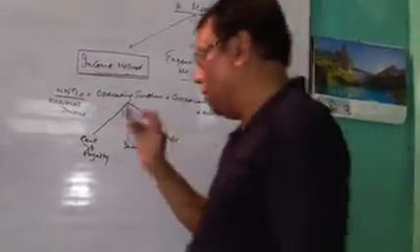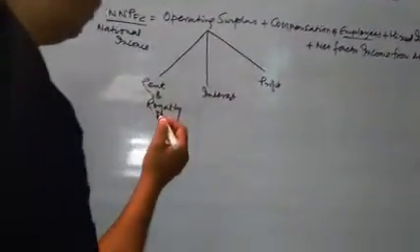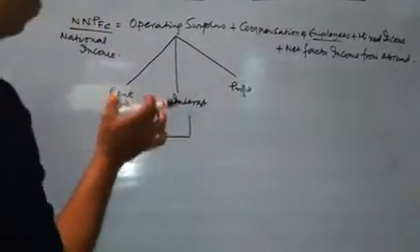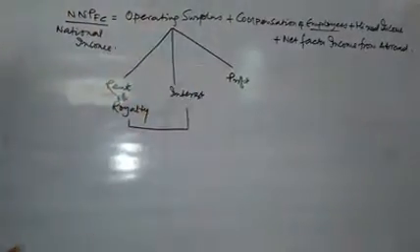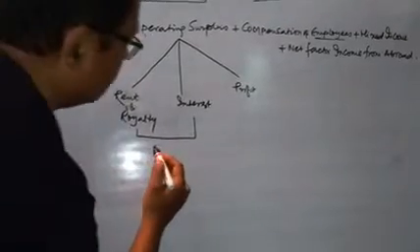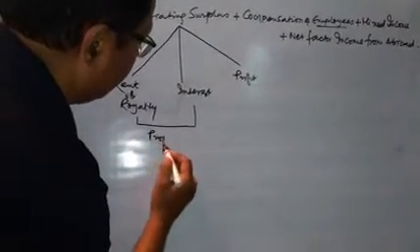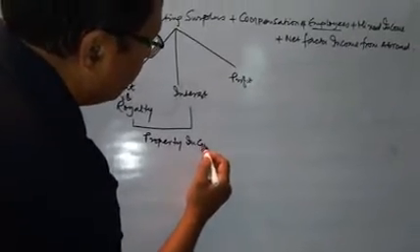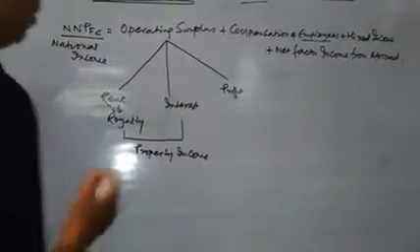Now one more thing I would like to make clear, that rent, royalty and interest together are known as property income.